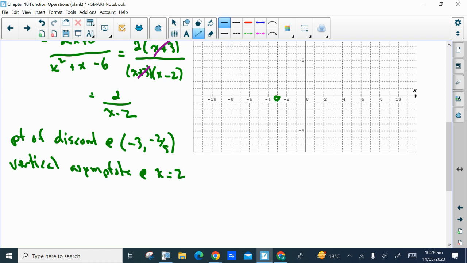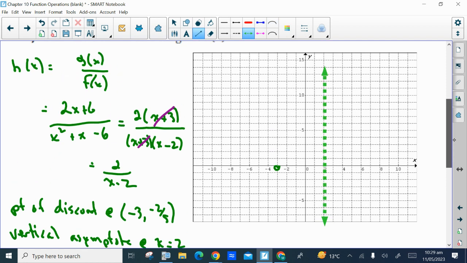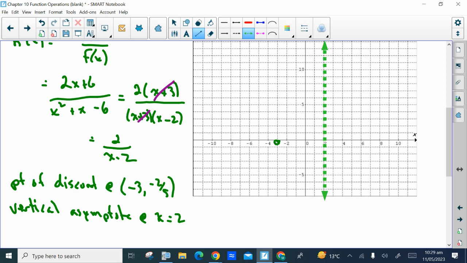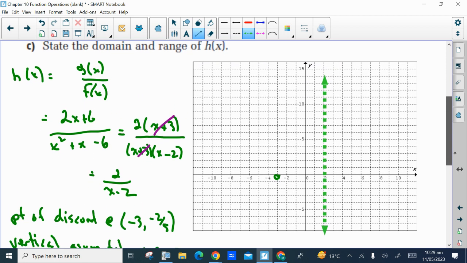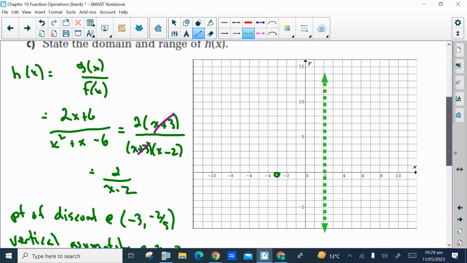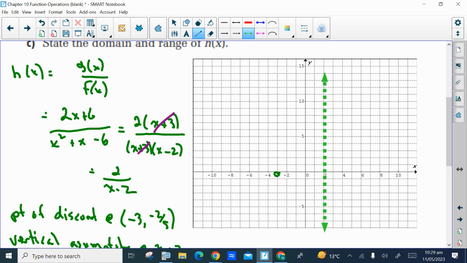So we can put that in there. Now again, if we look at either the original expression or the simplified one, the degree of the top is less than the bottom. So that has meant in the past that the x-axis is an asymptote.